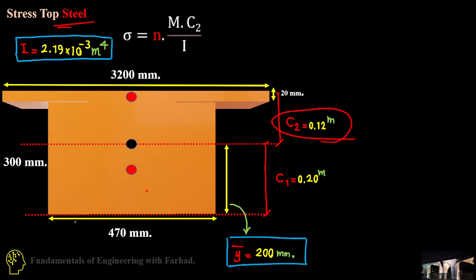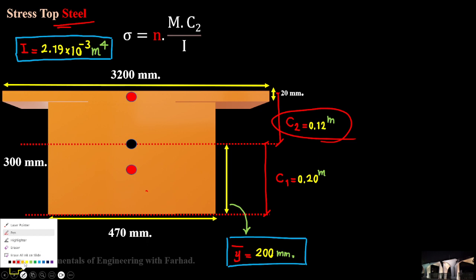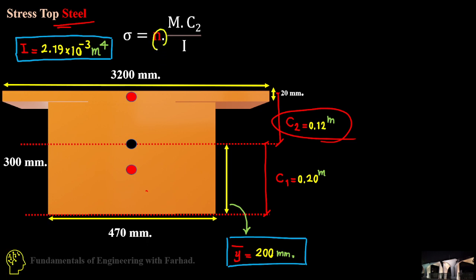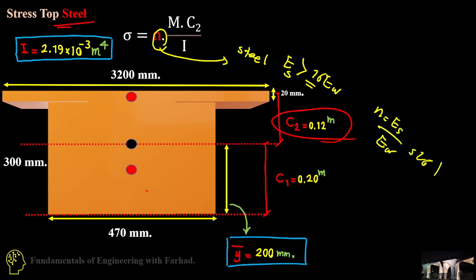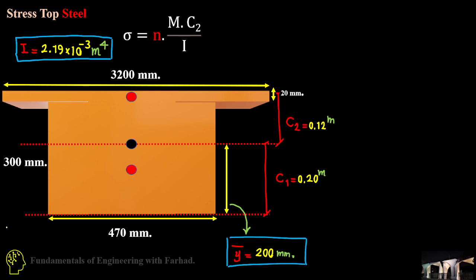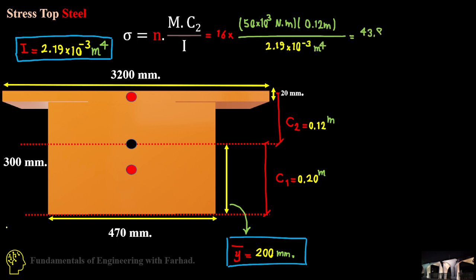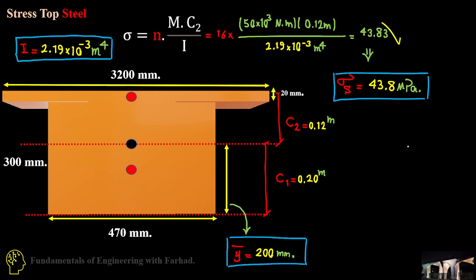Just remember, in steel you have to multiply your stress by n, because steel has an E which is 16 times E wood. We already calculated n, which is E_s over E_w, and that was 16, so we use this 16 over here. If you do so, it gives you a numeric value of 43.83 megapascal, almost 43.8 megapascal.